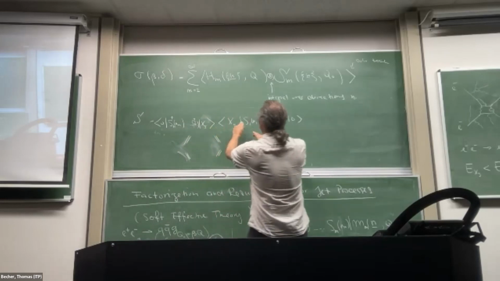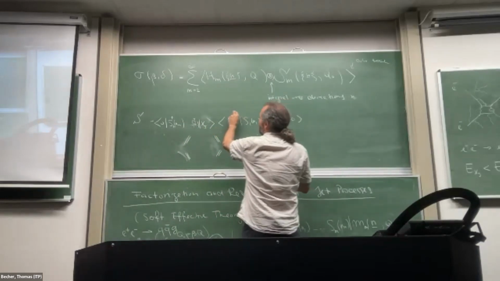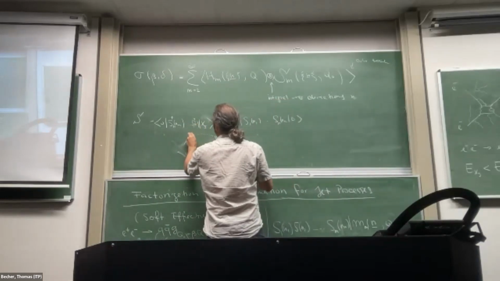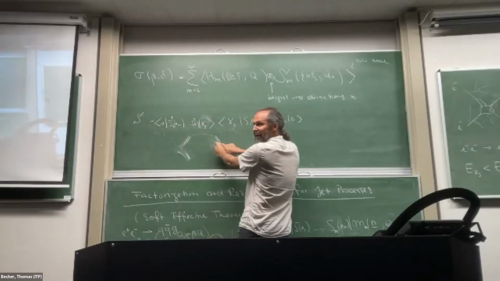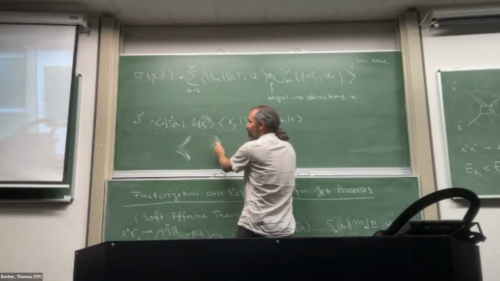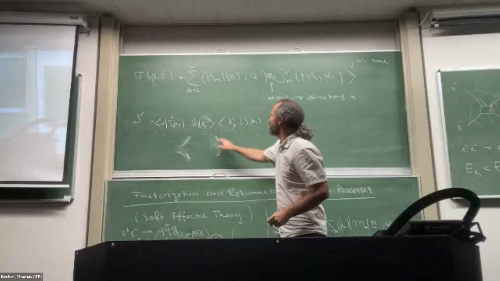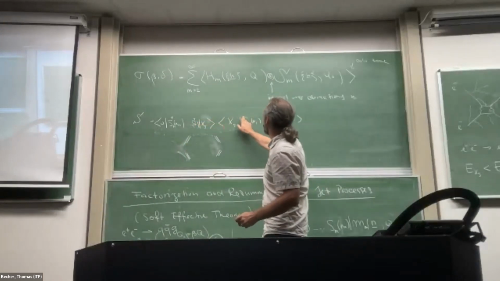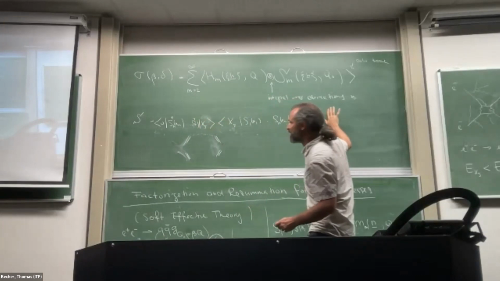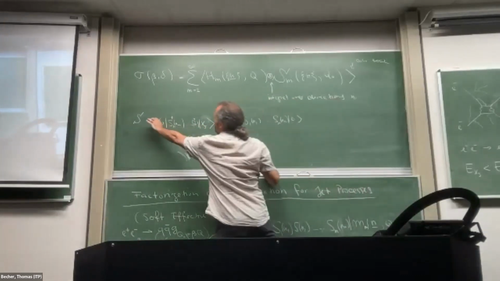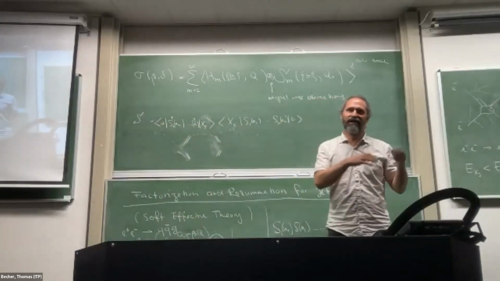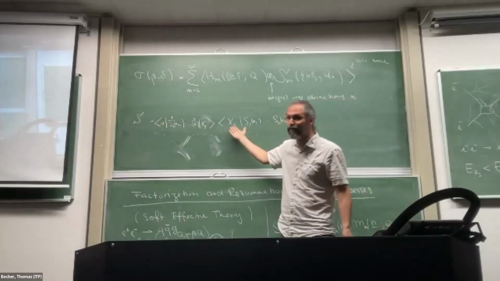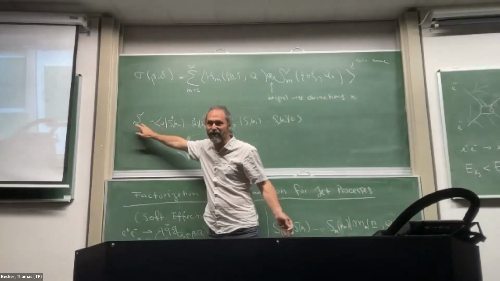The index here connects to this one, so it's connected like this, but the other end of the index connects into the amplitude and into the conjugate amplitude. So half of the indices are connected from here to here, while the other half act on the amplitude and on the conjugate amplitude. So it's an object here with 2M open color indices which acts on the amplitude.